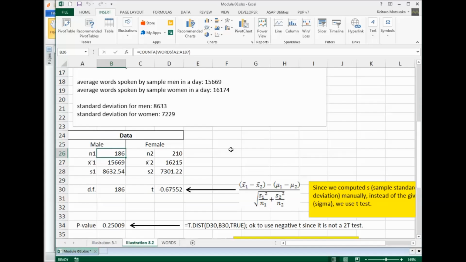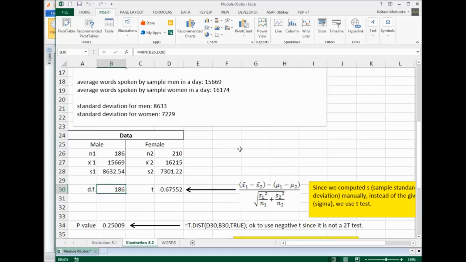There are 186 men, 210 women. Using the average function, I figure out how many words the average male speaks. Same thing for female here. And using the STDEV.S function, I calculate the sample standard deviation here for men. Same thing for women here.